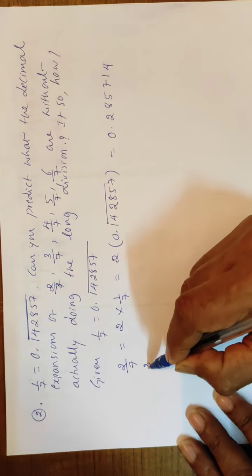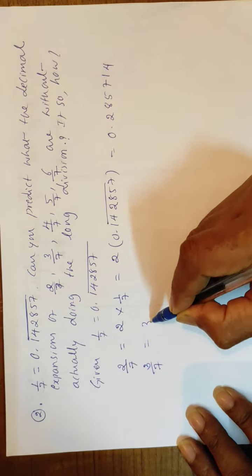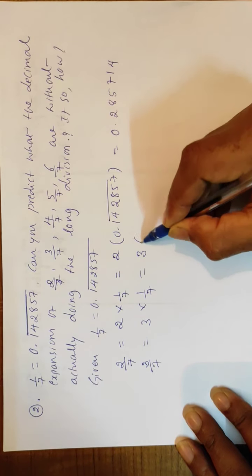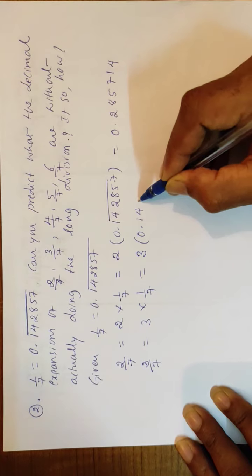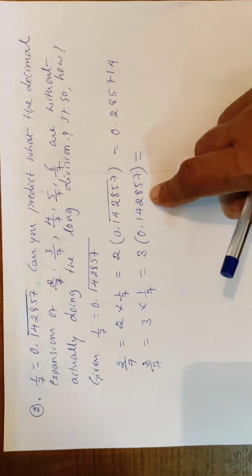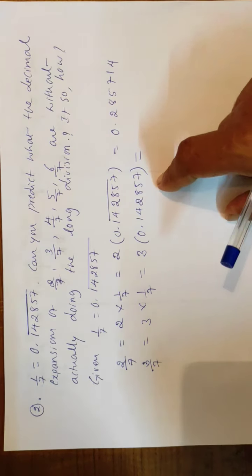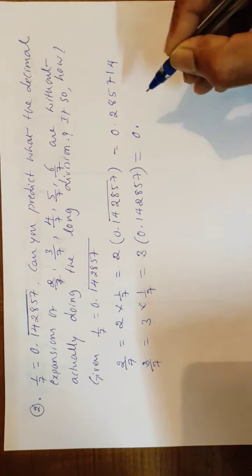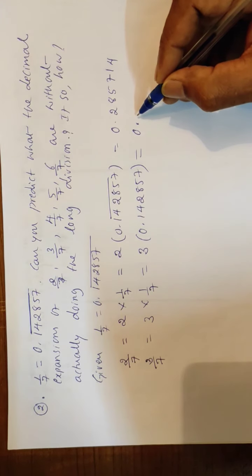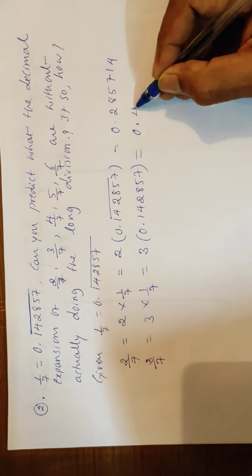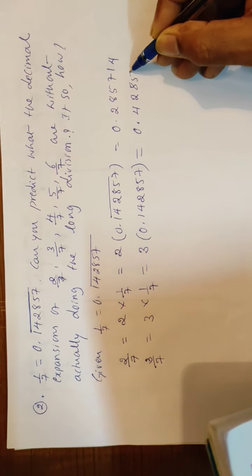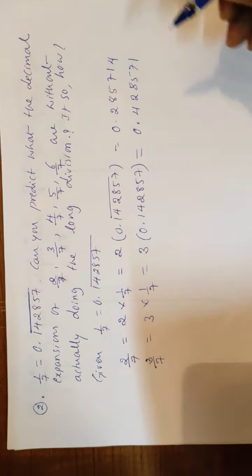Next is 3 by 7. 3 into 1 by 7, that is 3 into 0.142857. So you have to find the product of these two. The product will be 0.428571.